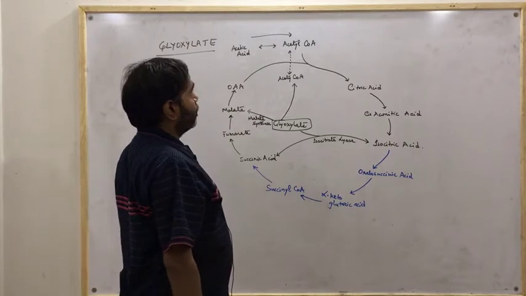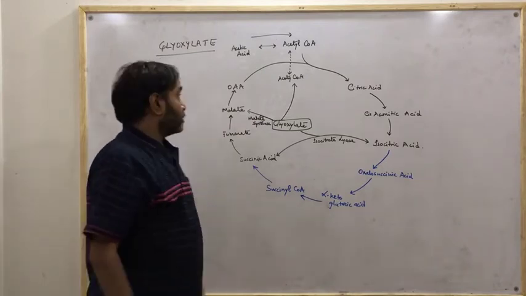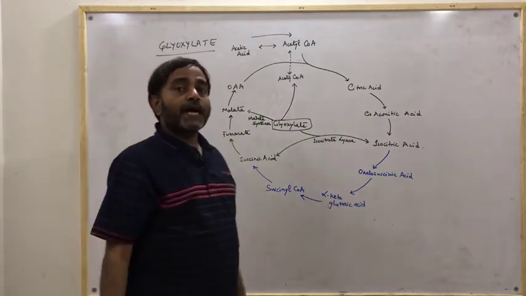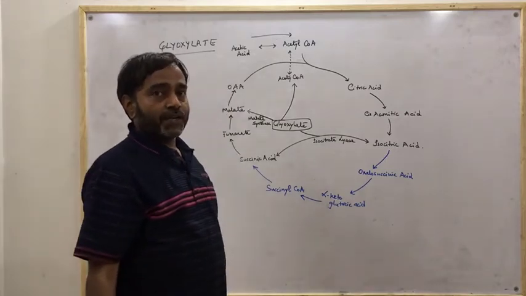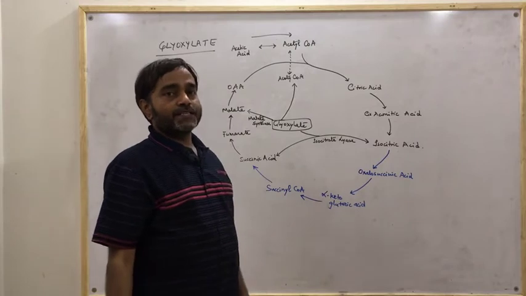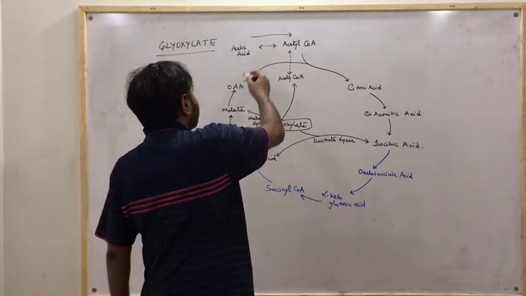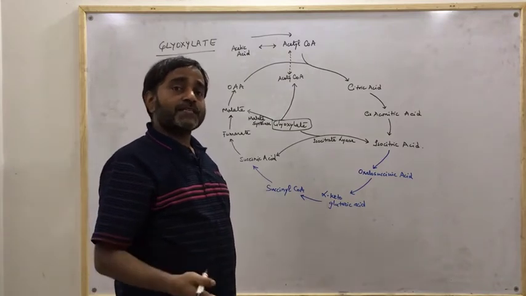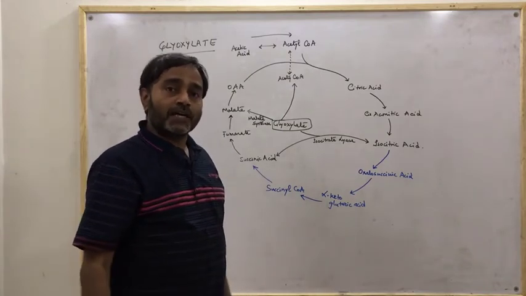But one thing more we need to remember, that oxaloacetate may directly be converted into phosphoenol pyruvate. If we see gluconeogenesis, there it will get directly converted into phosphoenol pyruvate, which is the second last step of glycolysis.